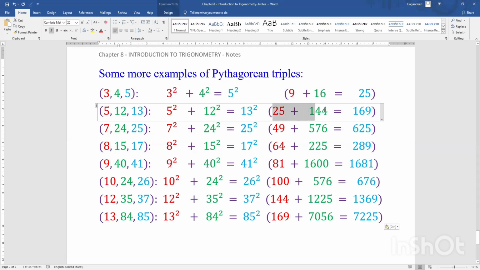If you add up 25 and 144, you get 169. Okay. And then we have 7, 24, 25. So 7 square plus 24 square will give you 25 square. That is, 7 square is 49, 24 square is 576. If you add them together, you get 625. See, 625 is nothing but 25 square.